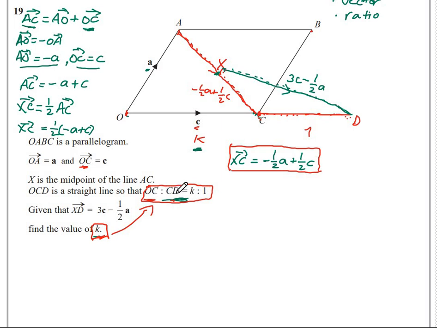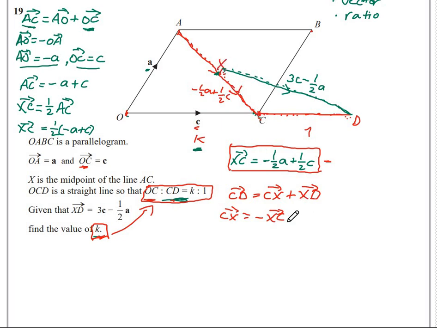So CD, of course, would be going from C to X, then X to D. We know that XC equals this part here. So let's just write that down. CD equals CX plus XD. And CX equals minus XC. We're going in the opposite direction. This is XC going this way, and I want to find CX.